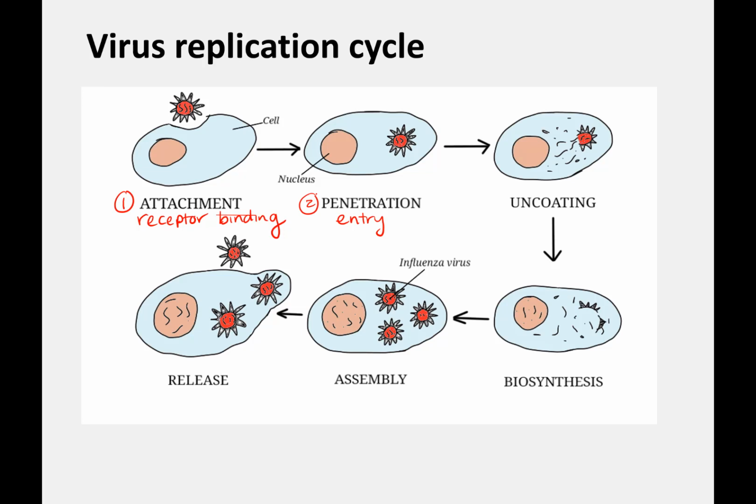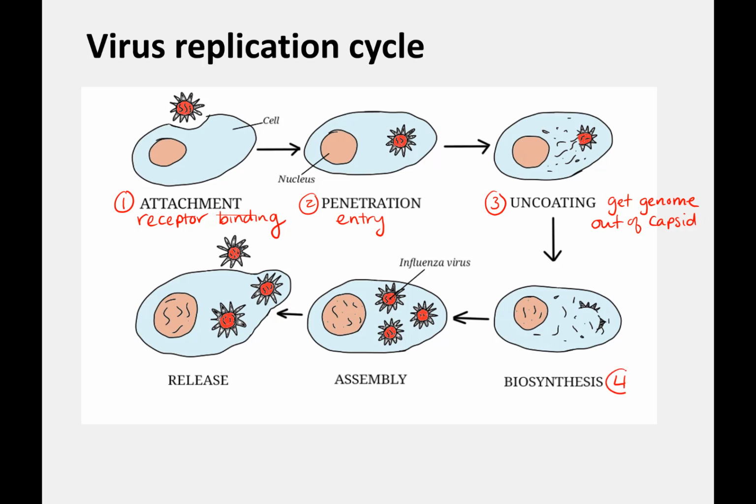And then the third step is uncoating, which means the virus has to get the genome out of the capsid and into the cell so that the genetic information can be used to make more viruses.